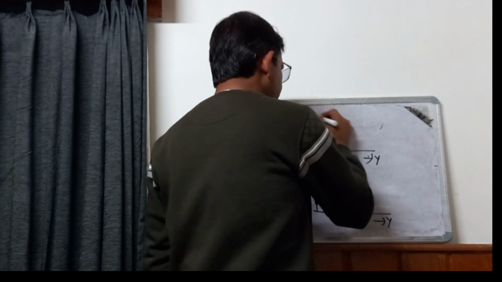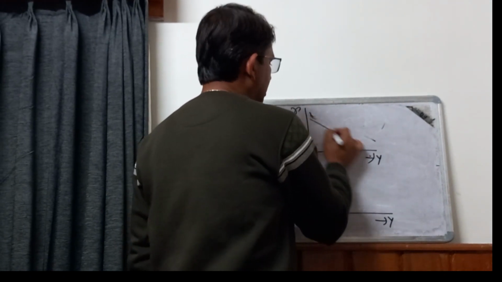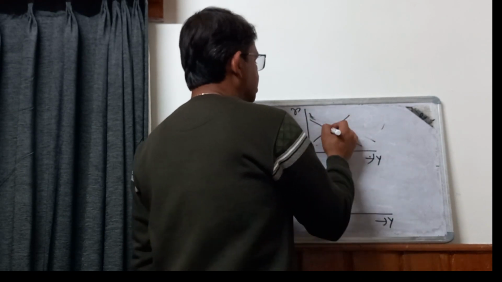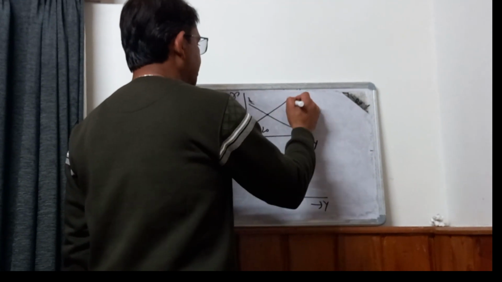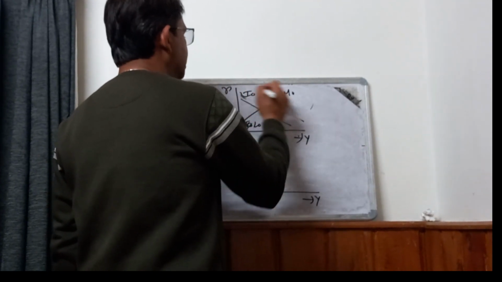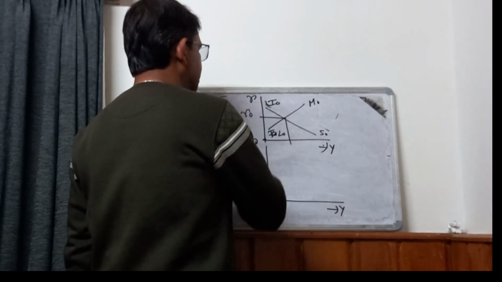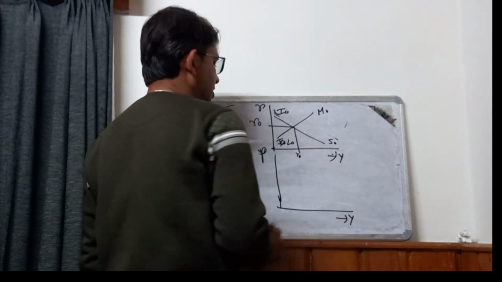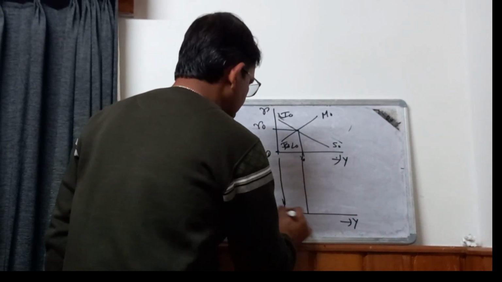So initially LM0 is our LM curve, and this is our IS curve. What we see here is that the rate of interest is R0 and the equilibrium level is Y0. So we plot it here.